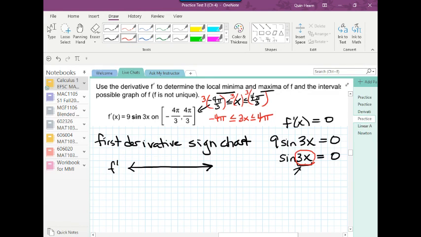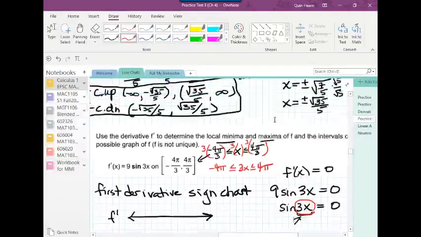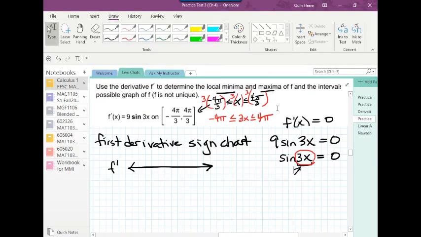Again, I'm setting the first derivative to 0. All right, so dividing by 9, we get that the sine of 3x is equal to 0. Okay, and how do you solve a trig equation like this one? Where do we have the sine of 3x equals 0? Well, that depends on what domain we're looking at.